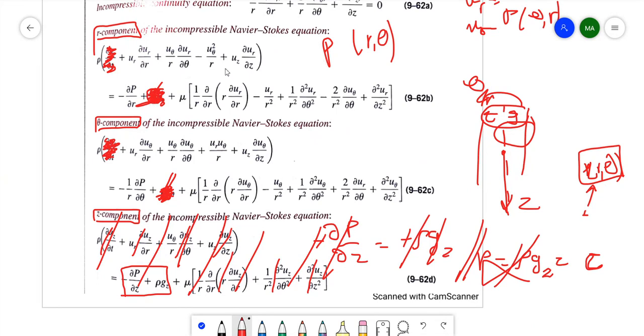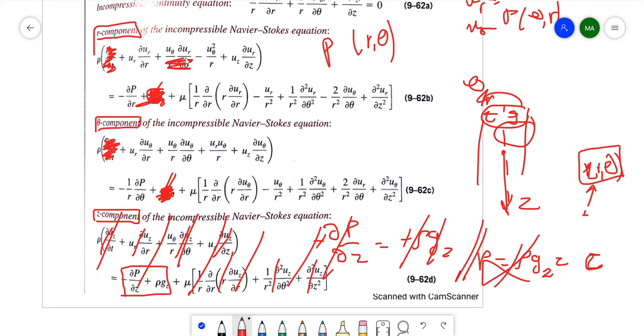We can delete all the derivatives with respect to z, because the velocities are only functions of r, k over r and c over r. We can also omit the derivatives with respect to theta. So every derivative with respect to theta or with respect to z, omit it.